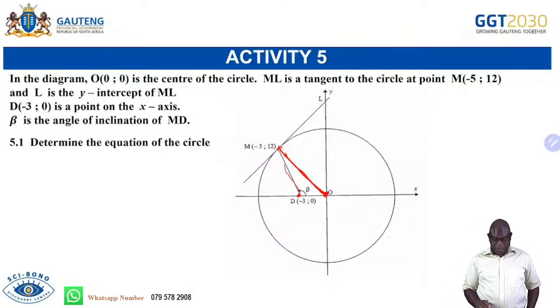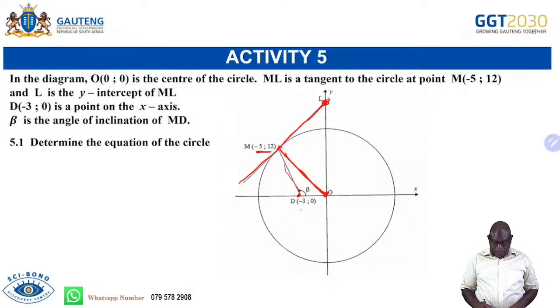Now here it says in the diagram, the center is (0, 0). ML is a tangent. So given that this line here is a tangent, we have a point on the tangent, M (-5, 12). And L is the y-intercept of ML, of that tangent.